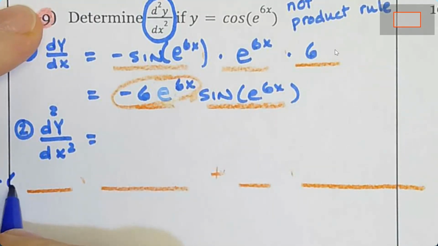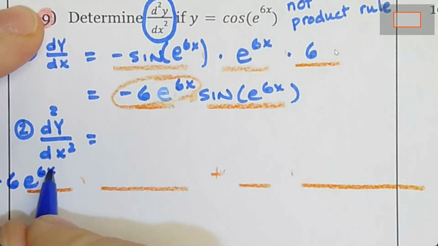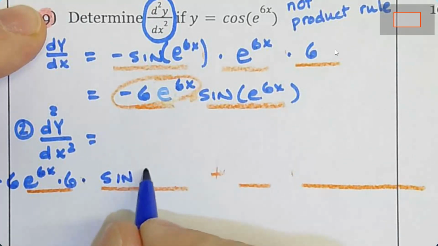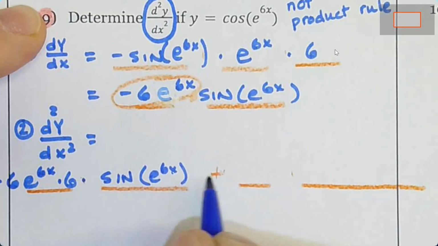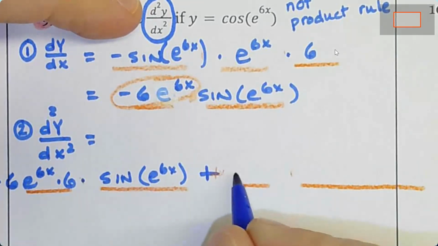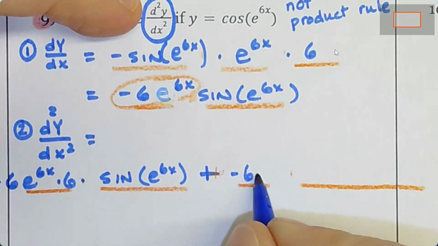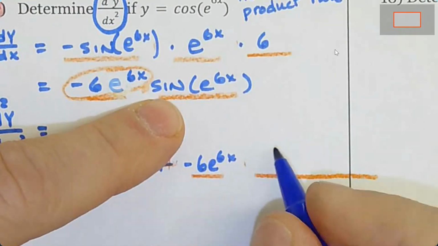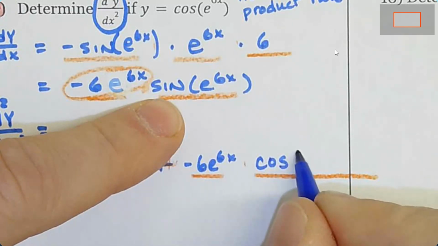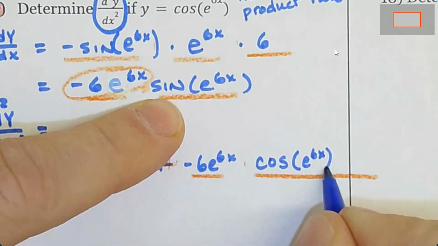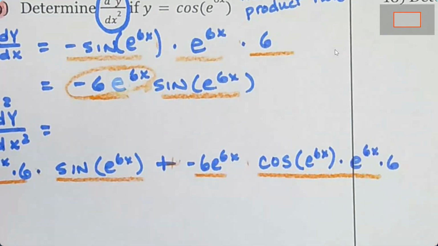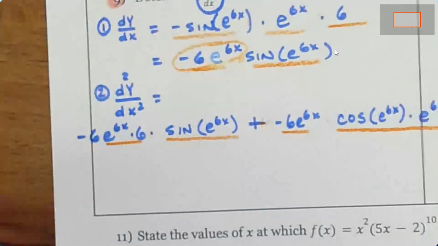Negative 6 e to the 6x, derivative of 6x is 6. Multiplied by, leave the second function alone. Plus, leave the first function alone. The derivative of this would be cosine e to the 6x, 6. Okay. So we got a big old mess here.